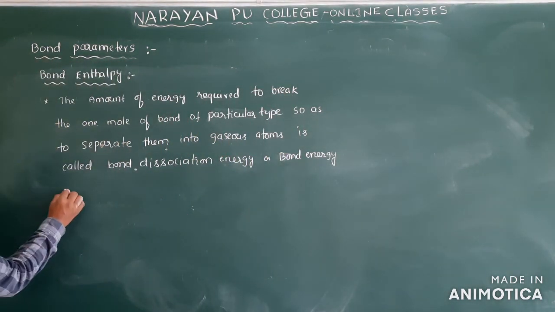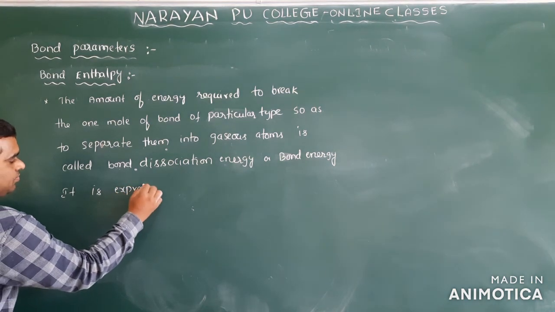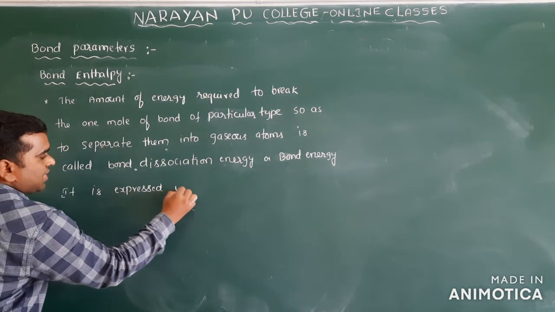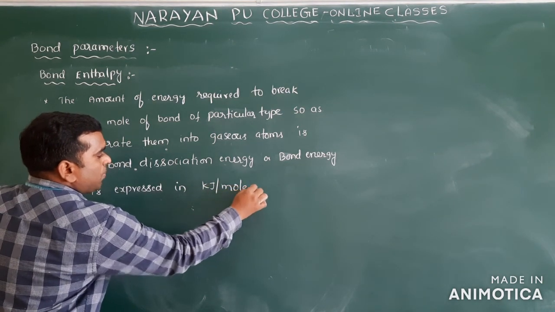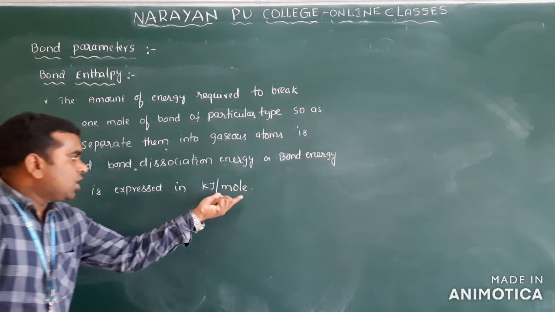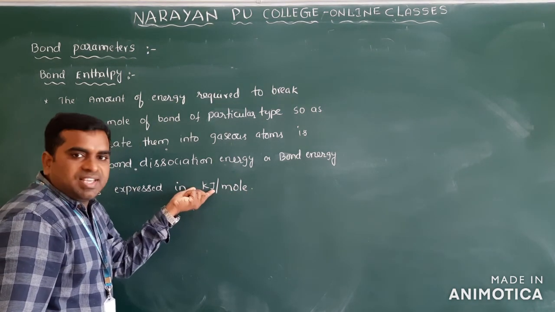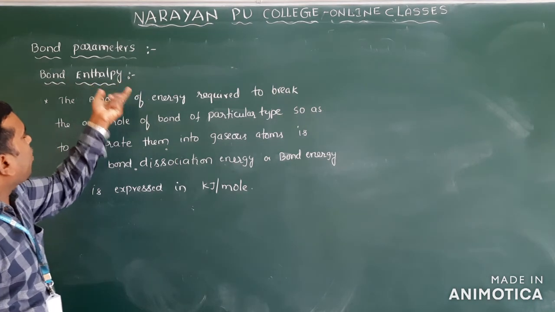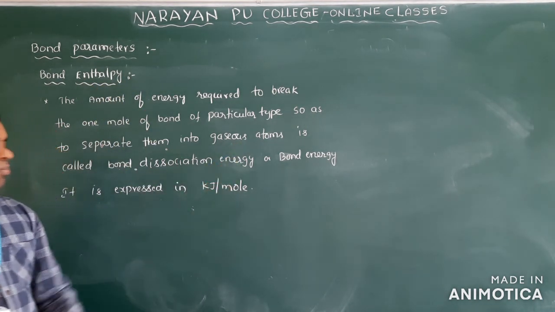And it is expressed in kilojoule per mole. Kilojoule per what? Mole. It means for 1 mole of bonds to break, how much energy is required, and that is called the bond enthalpy. So that's why kilojoule per mole.